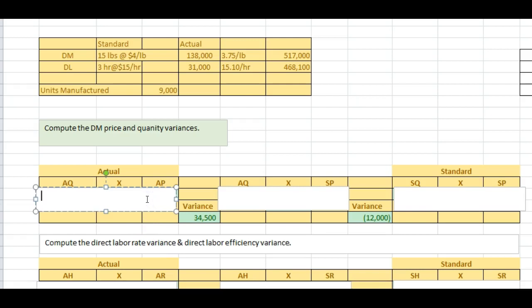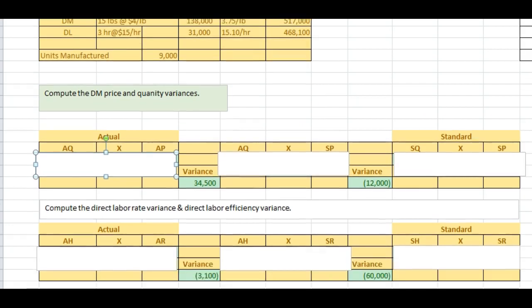So for direct materials, our actual price was, I bet you guys could do this yourself. Why don't you try doing this yourself? I bet you can do that, and finish that up. If you have problems, email me and I'll do a video on it. I think you can do this yourself. I'm sure you can.